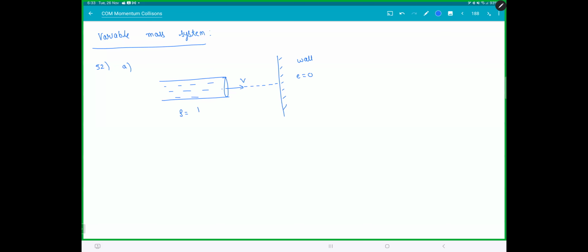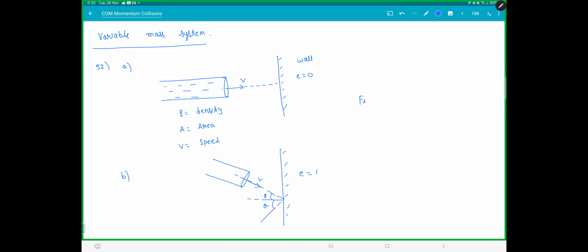Rho is the density of the liquid, A is the area and v is the speed. In the second case, e is equal to 1, and this water jet is hitting at an angle theta and it bounces off.